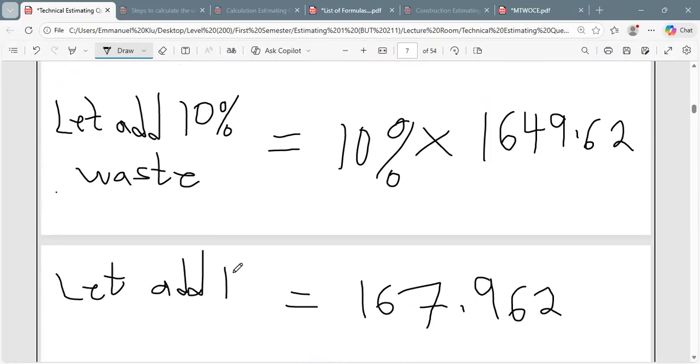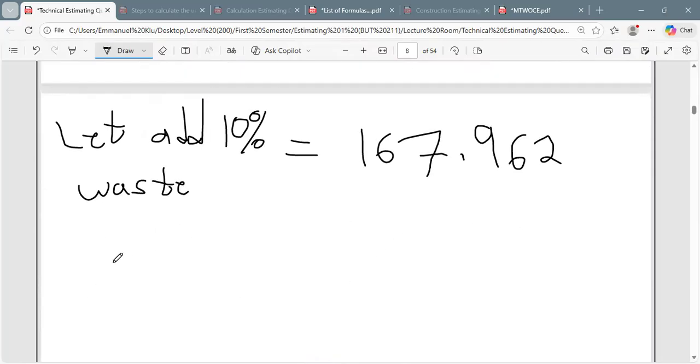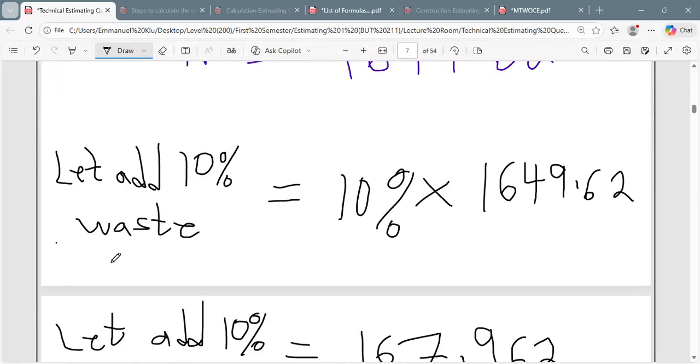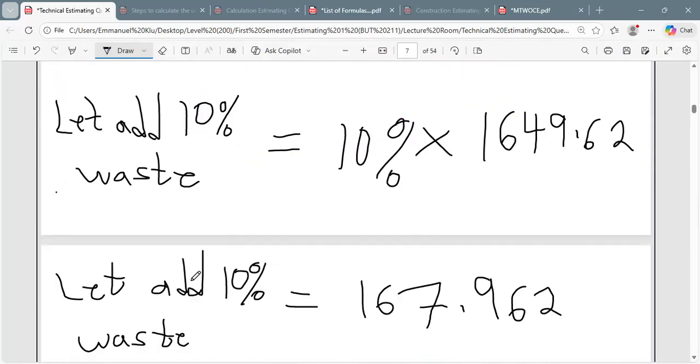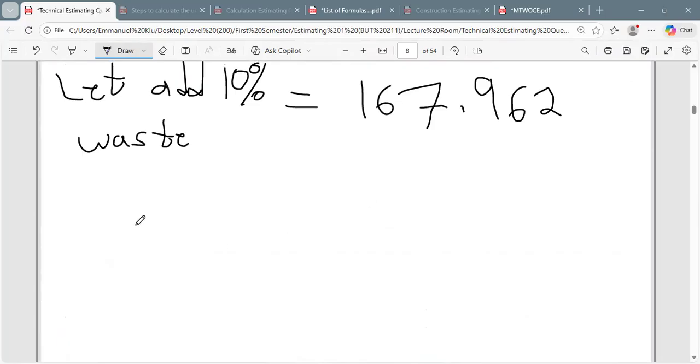So let's add 10% wastage. That is the 10% waste we are doing, and now we are going to add it to the initial value. So at the end of the day, we are going to add this value to the end.